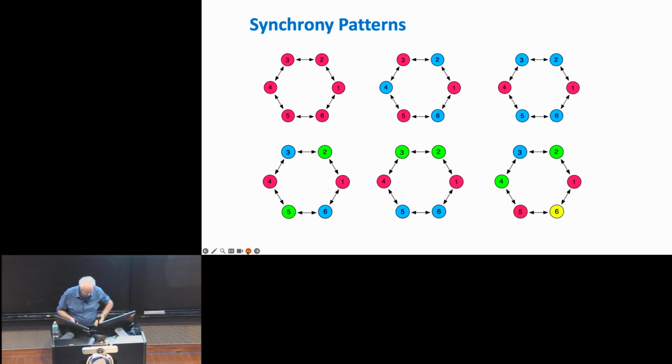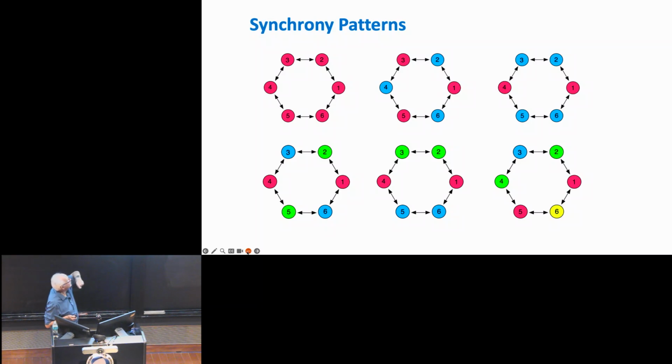So you can use the symmetries to predict certain synchrony patterns, which give you these invariant subspaces, and therefore you will expect to see those patterns in the dynamics. For example, if we have a ring of 6 nodes with bidirectional coupling, symmetry group D6, the dihedral group, there are actually 7 balanced colourings that come from symmetries.